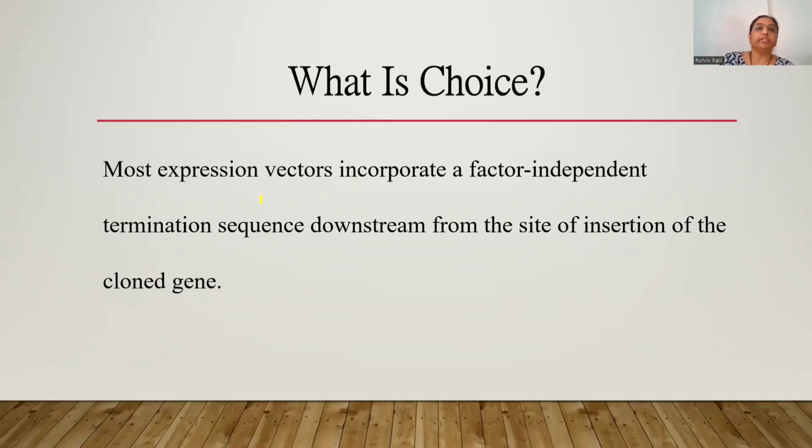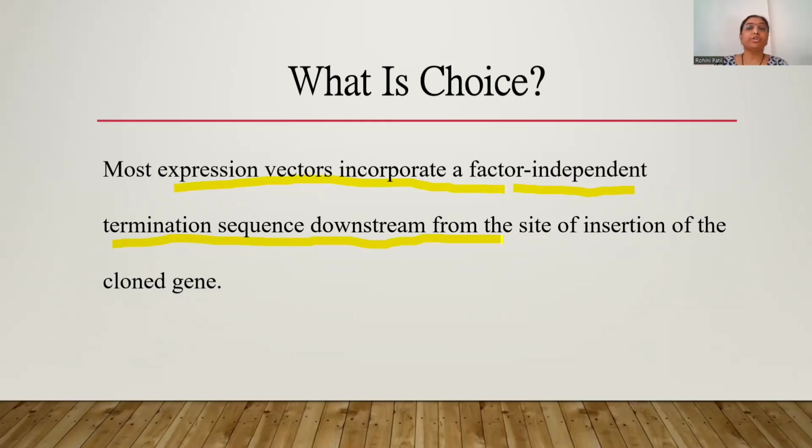It is observed that most expression vectors incorporate the factor independent, that is the intrinsic termination. They use the intrinsic termination sequence downstream from the site of insertion of the cloned genes. Because the sequences are similar, you don't have to look much for which is the better sequence allowing the termination of transcription.